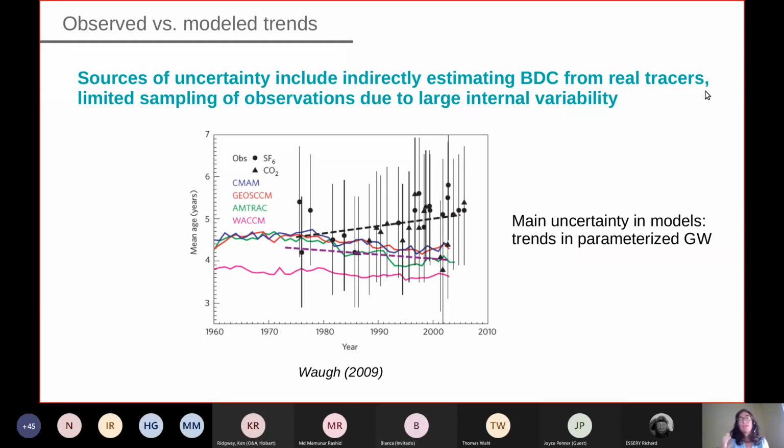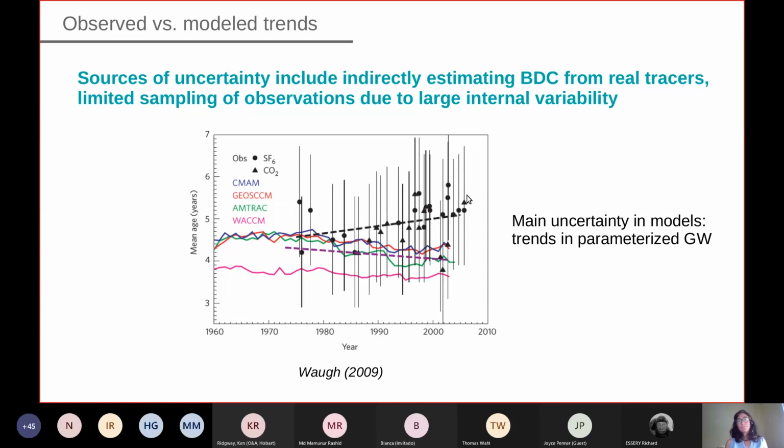And there's a lot of assumptions that have to be made in deriving the strength of the circulation out of those tracer concentrations. So this is a source of uncertainty. And another one is the limited sampling of the observations. So we either have global satellite observations over short periods for these tracers, or we have longer time series, but in situ observations of more limited spatial coverage.